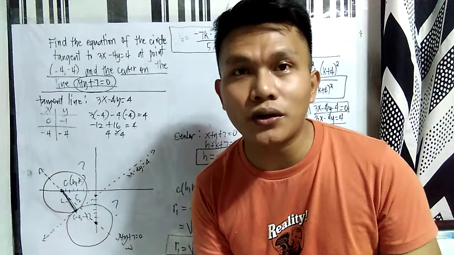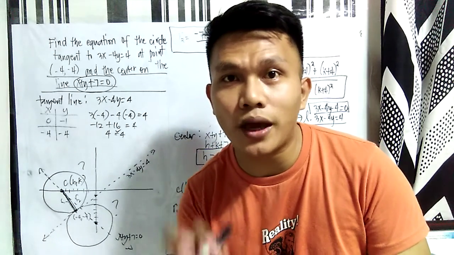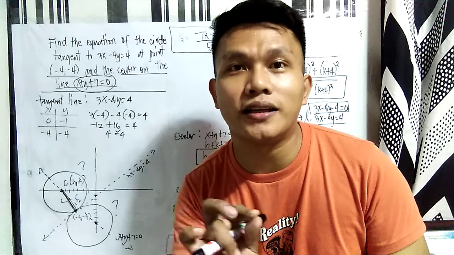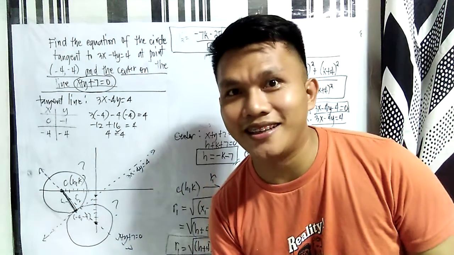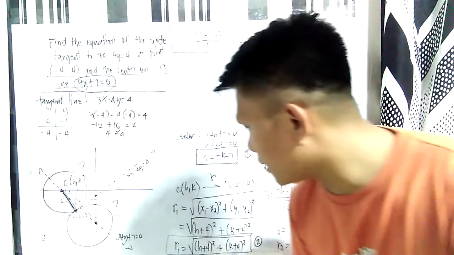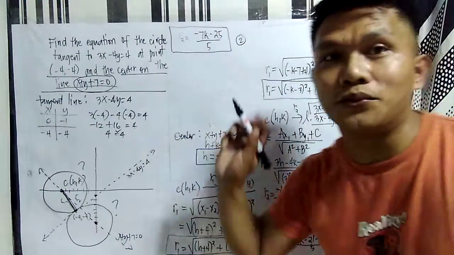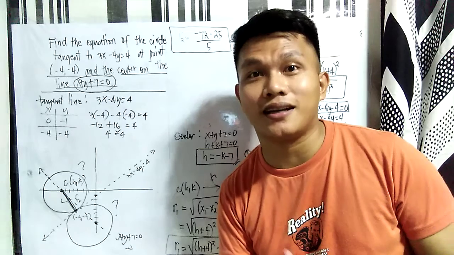Ang tinutukoy natin na distance from the fixed point to any point on the circle is yung kanyang radius. So sabi natin all radii are equal. Ibig sabihin, si r sub 1 at si r sub 2 ay equal kasi parehas silang radius.